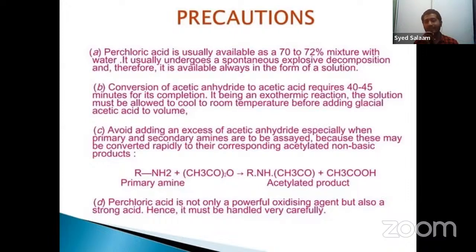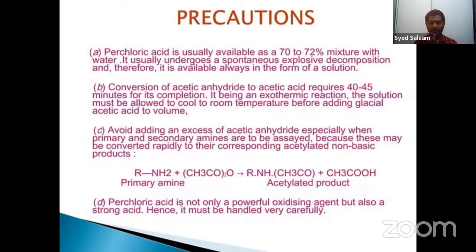Next, avoid adding excess acetic anhydride, especially when titrating primary and secondary amides. Why? Because they would rapidly convert to their corresponding acetylated non-basic product. So excess acetic anhydride should not be added, because that could lead to an acetylated product.